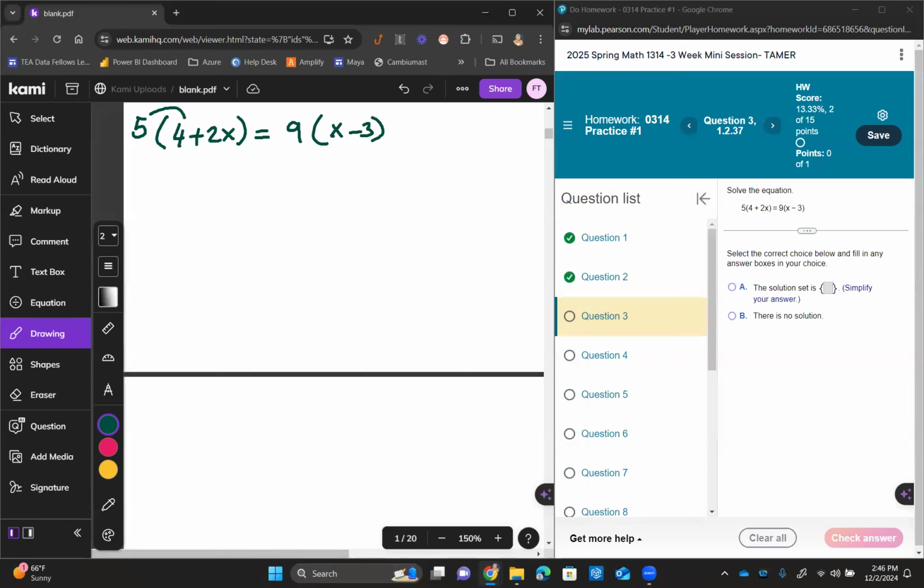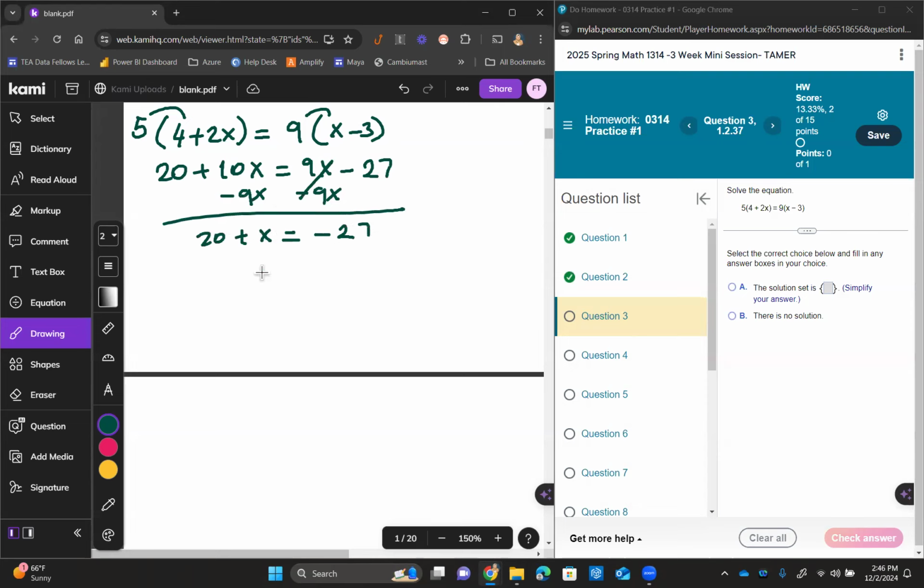Now 5 times 4 is 20, 5 times 2x is 10x, 9 times x is 9x, 9 times 3 is 27. We need to put the x's together, so we will subtract 9x from each side. So 20 plus 1x is equal to negative 27.